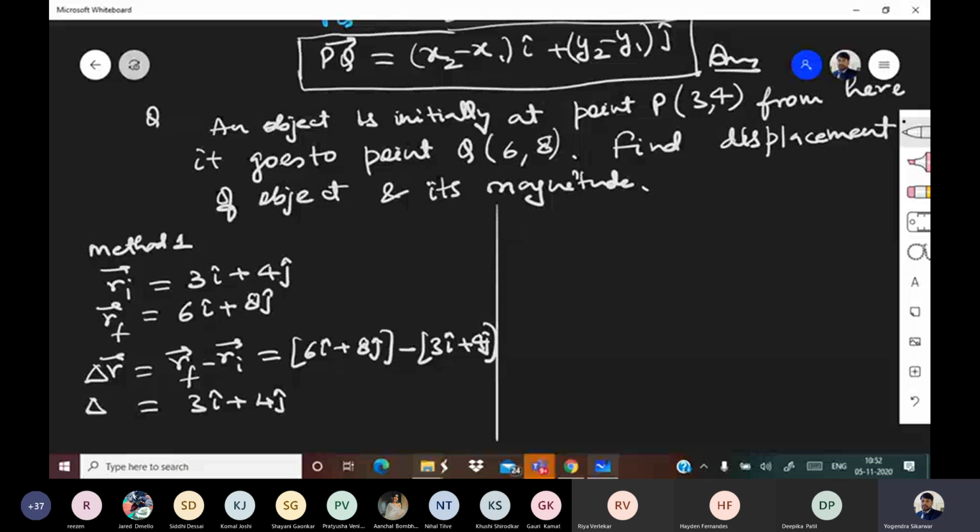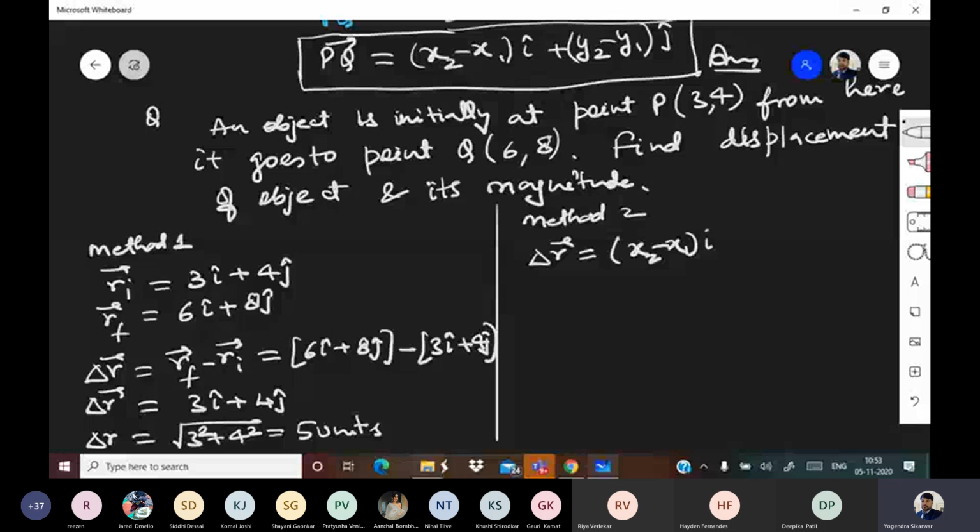Method 2. So delta r vector is equal to (x2 minus x1) i cap plus (y2 minus y1) j cap. Now x2 minus x1 is 6 minus 3, and y2 minus y1 is 8 minus 4. So 6 minus 3 i cap plus 8 minus 4 j cap.